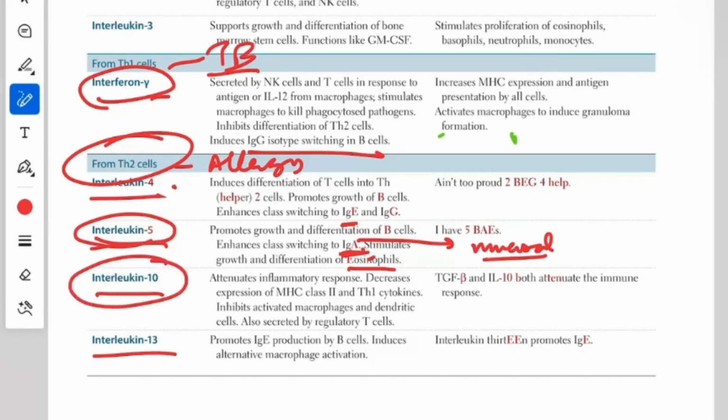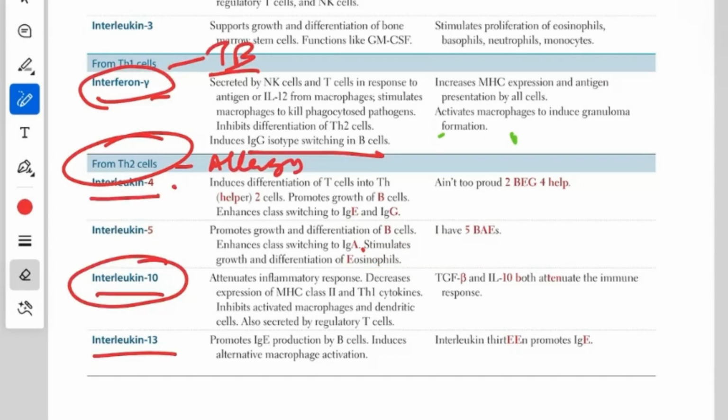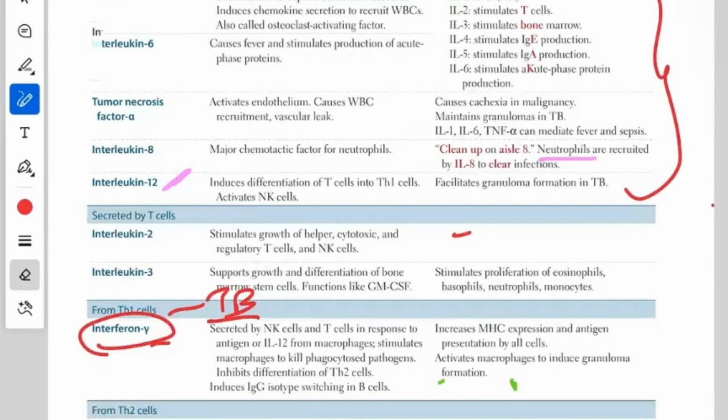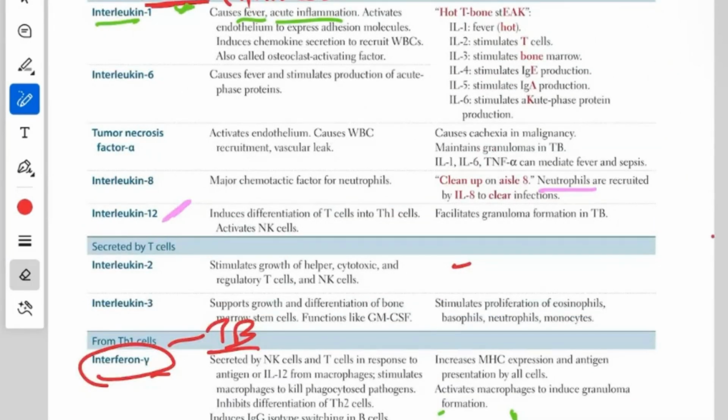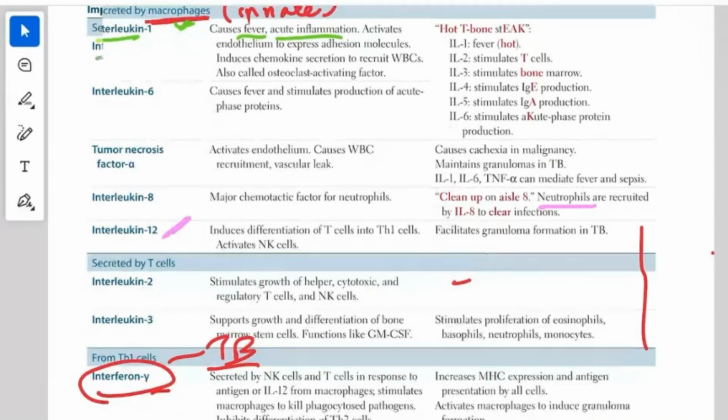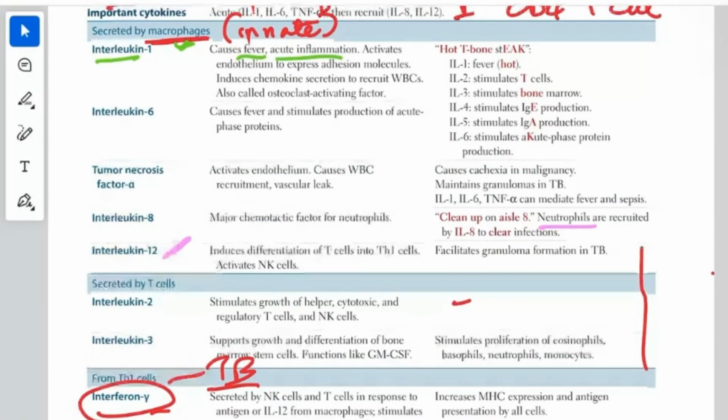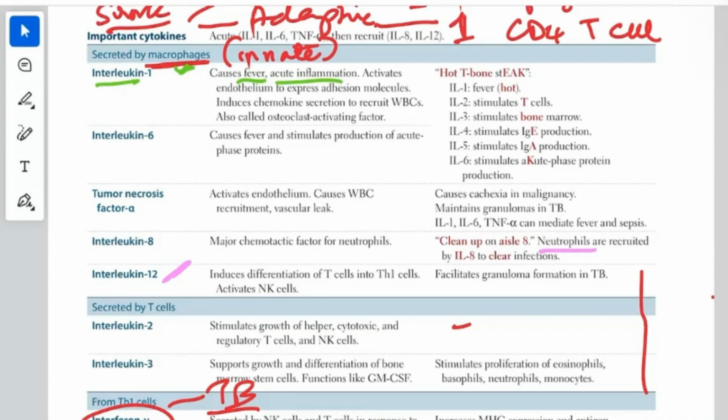Now, when you hear interleukin 10, of all the cytokines we've mentioned on this table, what do they all do? They all stimulate some form of inflammation, whether it's against bacteria, against TB, against parasites, or an allergy.